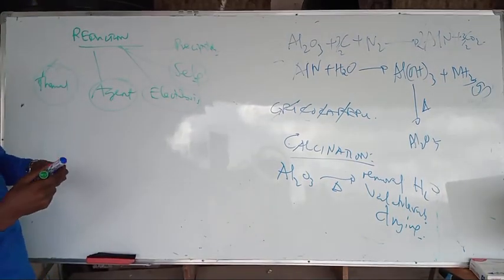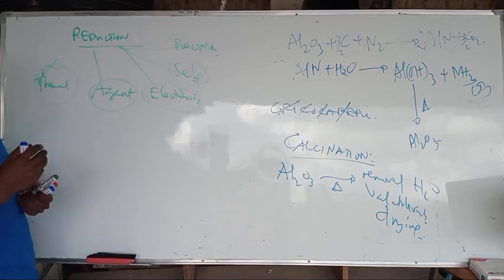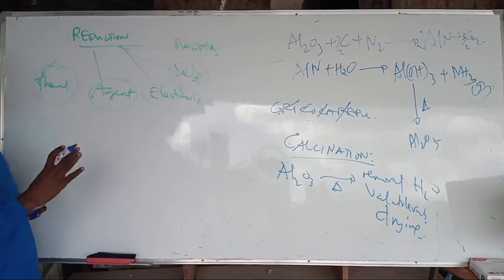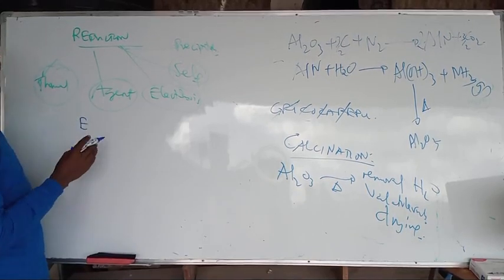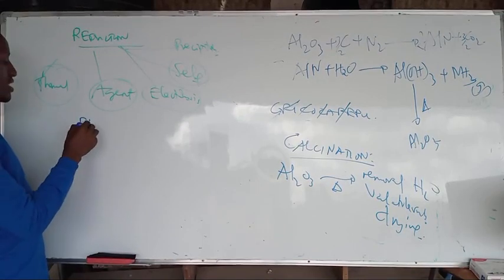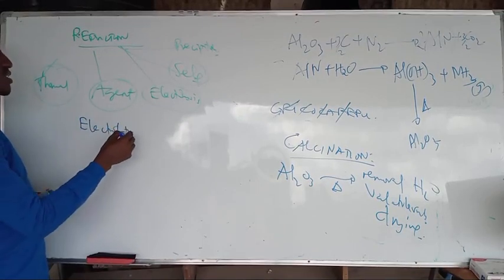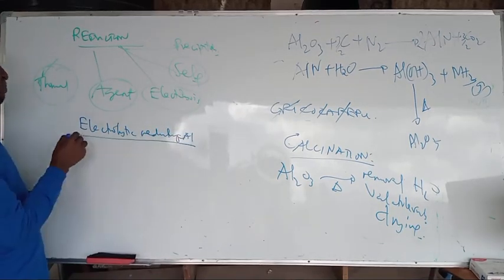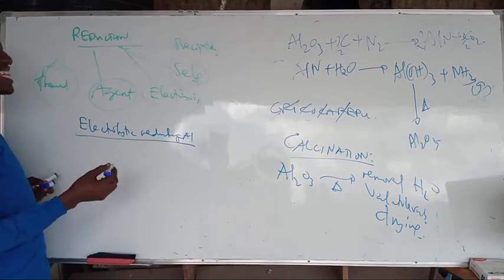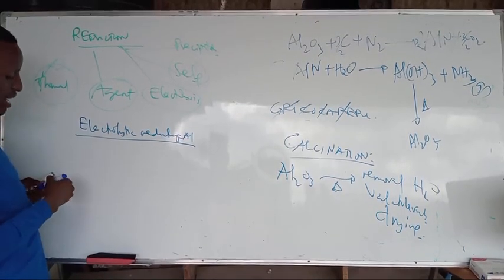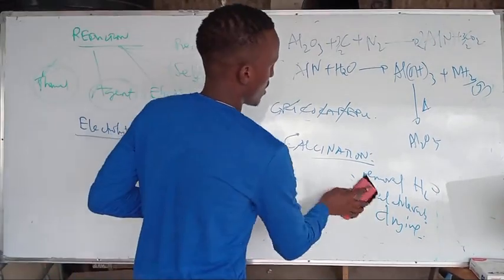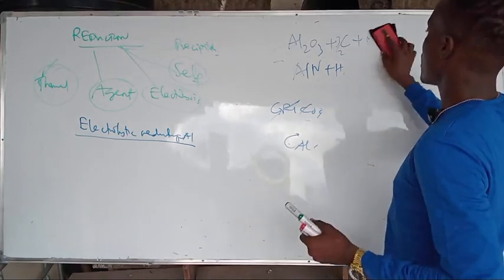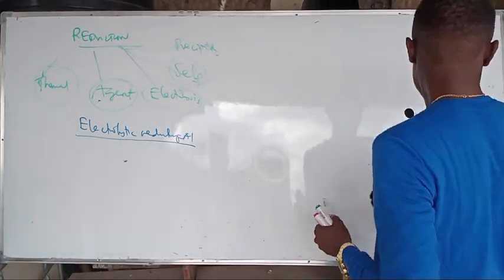So speaking about aluminium, we're just going to speak about the electrolytic reduction. Here it is done in a specific cell, the electrolytic reduction of aluminium. Let me draw the electrolytic cell for the reduction of aluminium.